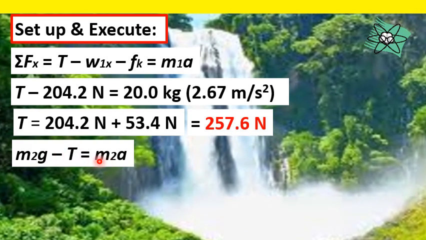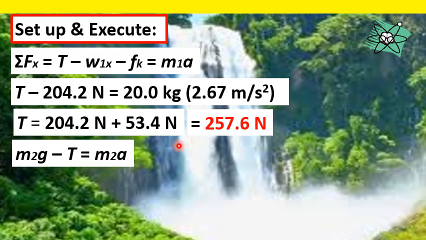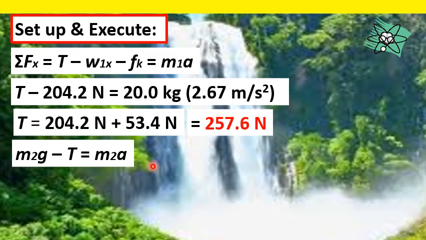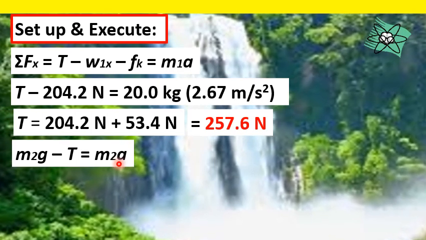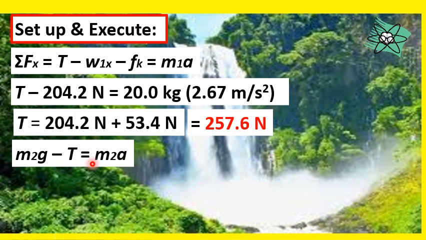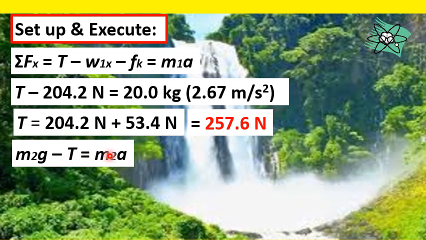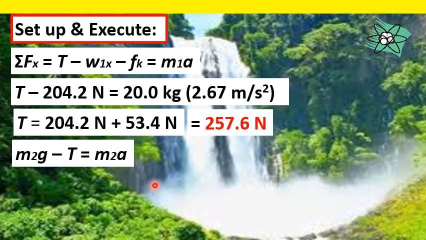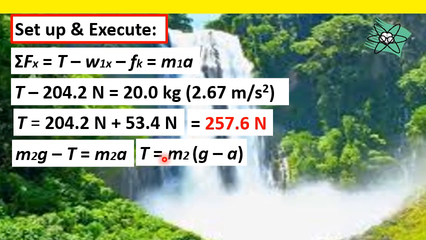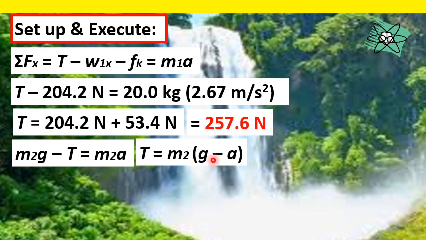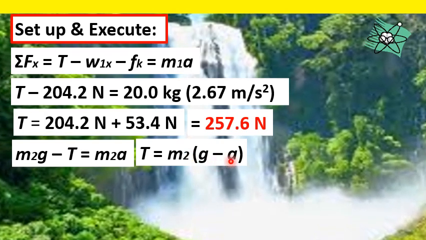So we can equate that to M2 times the same acceleration A. But let's combine M2G and M2A first. So by isolating, the tension force becomes M2 multiplied by quantity G minus A.